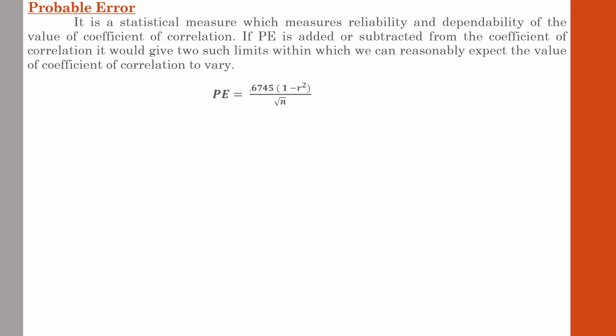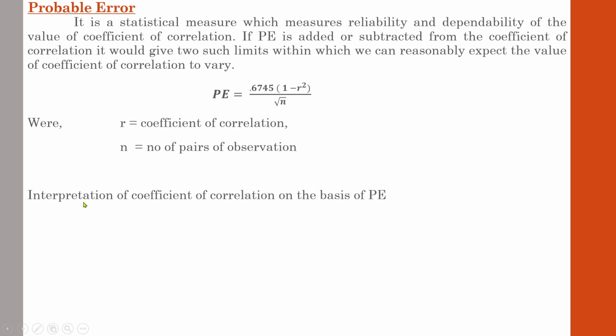Apart from that, you need to remember the properties regarding the value which you got in case of probable error. So before going into that, R means coefficient of correlation. You know how to find coefficient of correlation. N means number of pairs of observations, that is number of items in X as well as number of items in Y.